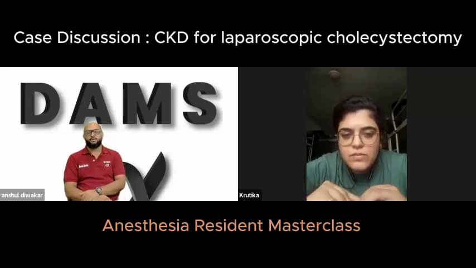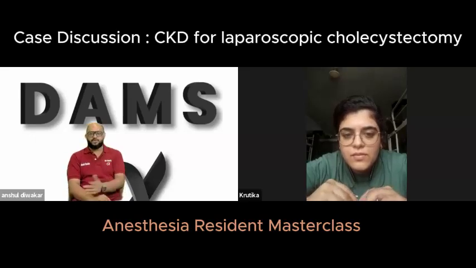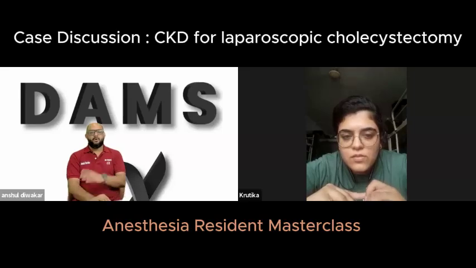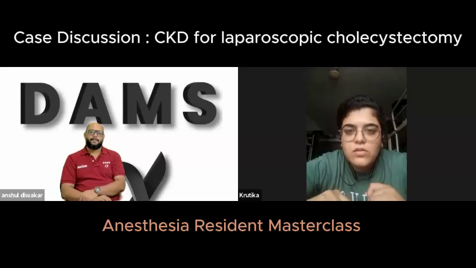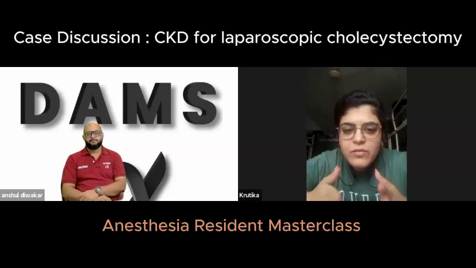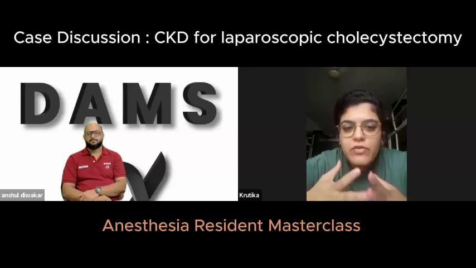So if you have diabetic autonomic neuropathy, suppose you get orthostatic hypotension in a patient who is CKD, what are the anesthetic implications? Autonomic neuropathy. The blood pressures in these patients are very labile. For example, in a laparoscopic surgery when we are using a port, or there is an increase in positive pressure ventilation, intrathoracic pressure, the hemodynamic changes are going to be very labile.